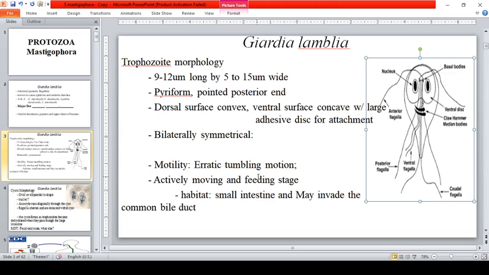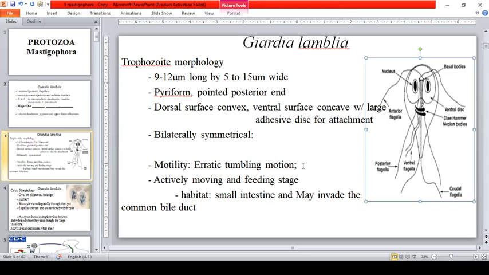As for motility, how does it move? It has an erratic tumbling motion. Some refer to this as falling leaf motility. So the Giardia lamblia trophozoite has an erratic tumbling motion or falling leaf motility.